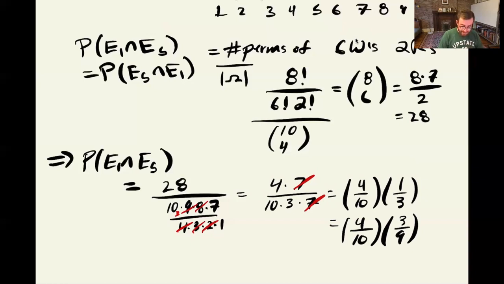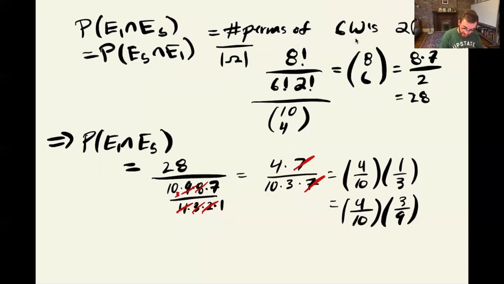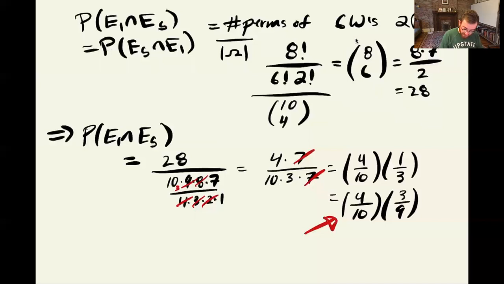Now this actually makes sense. Why does it make sense? Well, this is the probability that the first ball is red. And let's just imagine that I was now computing the probability that, say, the second ball is red.